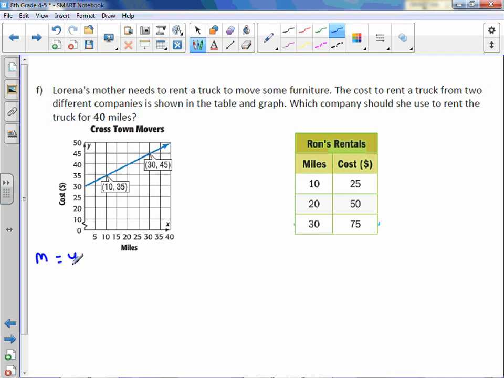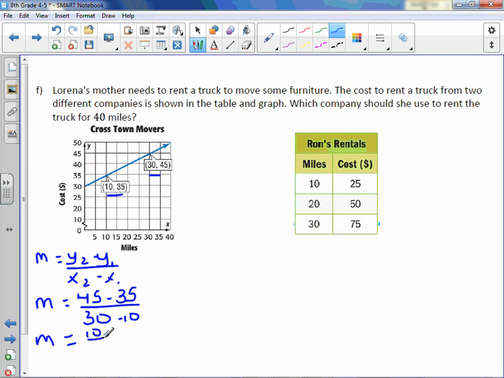M equals y2 minus y1 over x2 minus x1. And they give you 2 points here. So our slope equals 45 minus 35 over 30 minus 10, which equals 10 over 20, which is 0.5.